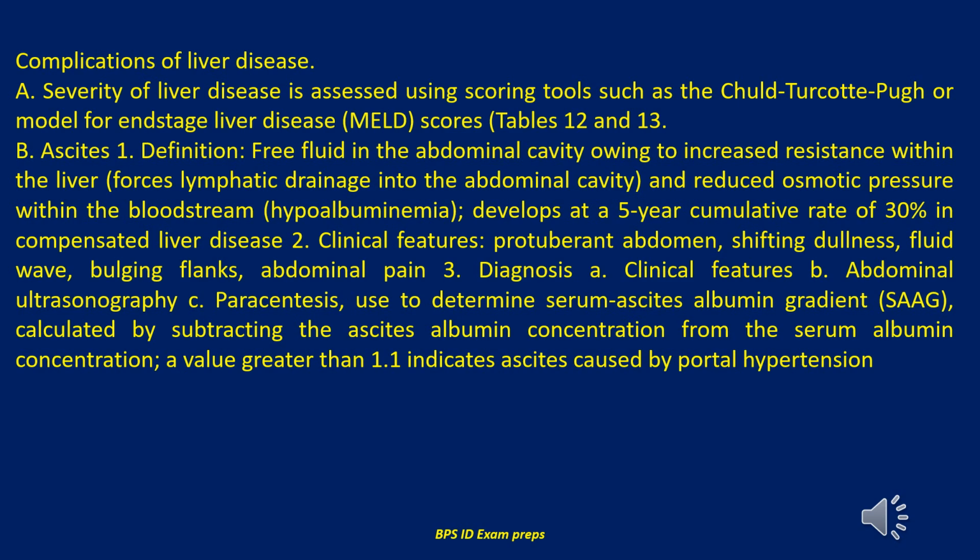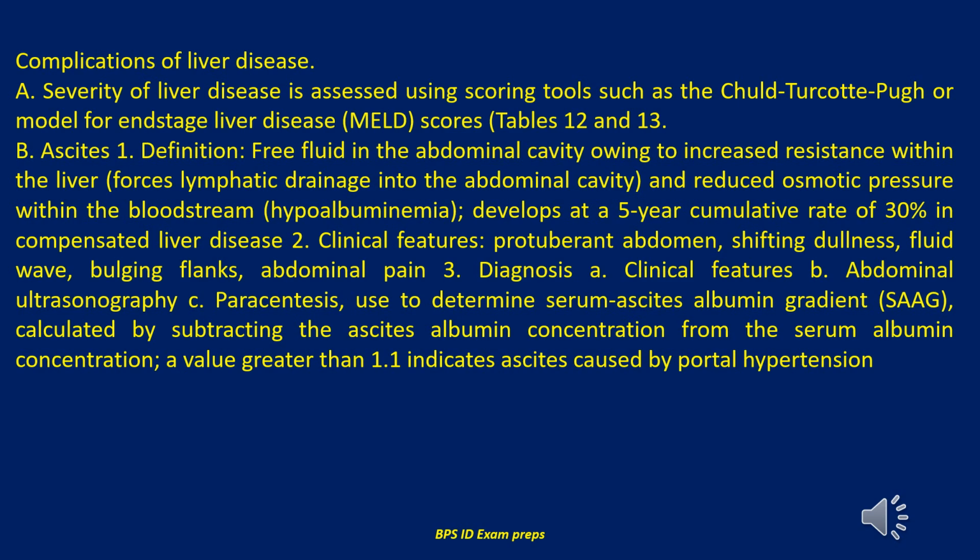In this condition there is free fluid in the abdominal cavity owing to increased resistance within the liver, that forces lymphatic drainage into the abdominal cavity, and reduced osmotic pressure within the bloodstream, due to hypoalbuminemia. It develops at a 5-year cumulative rate of 30% in compensated liver disease. 2. Its clinical features include protuberant abdomen, shifting dullness, fluid wave, bulging flanks, and abdominal pain.